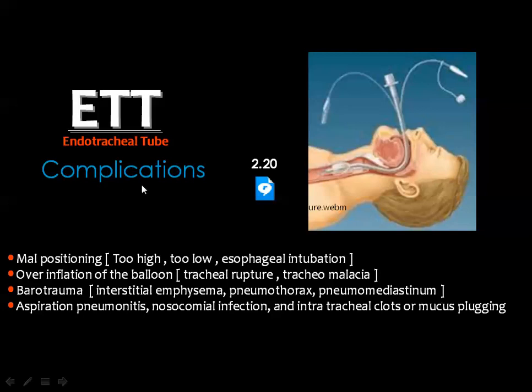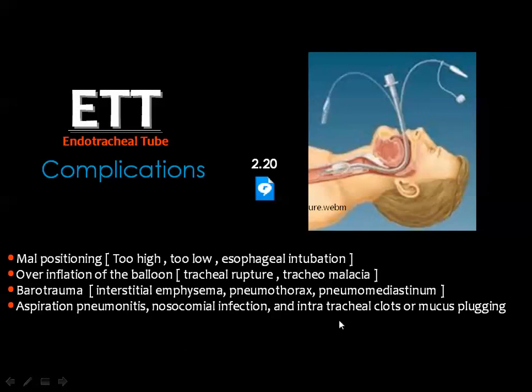Then the complications include malposition, either the tube is too high or too low, or it goes by mistake into the esophagus. If you overinflate the balloon, this may lead to tracheal rupture or may put some pressure on the tracheal rings, leading to tracheomalacia.